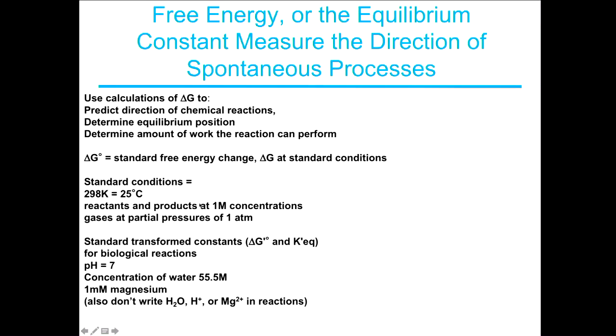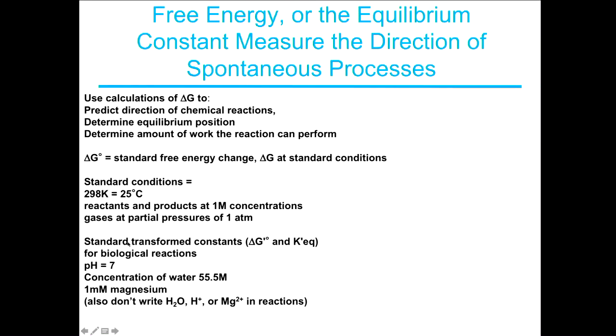All the reactants and products, so each reactant, each product, is at a 1 molar concentration. And then gases like your carbon dioxide, the oxygen, right, things like that, any of the gases in the reaction are at 1 atmosphere. Okay?